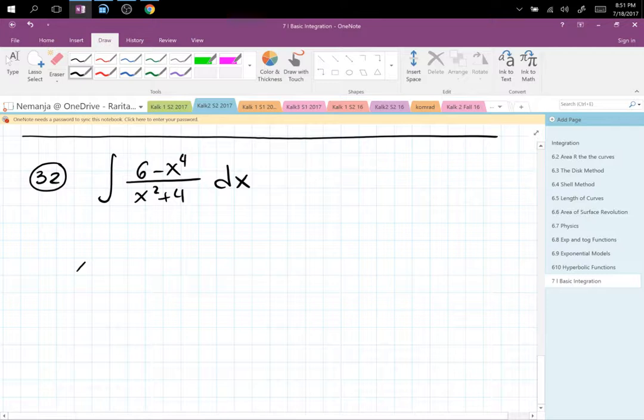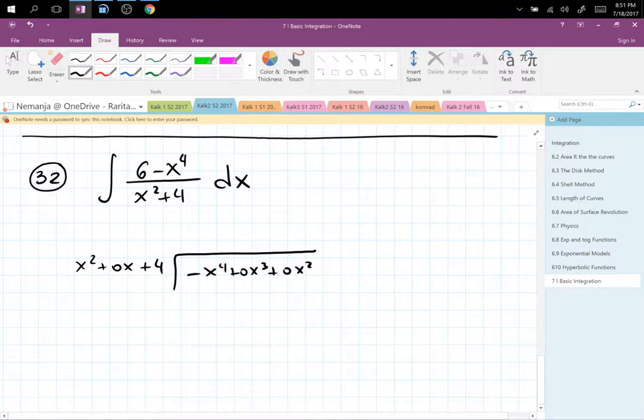So we have x squared plus 0x plus 4 divided into negative x to the 4th plus 0x cubed plus 0x squared plus 0x plus 6. I put some placeholders there.